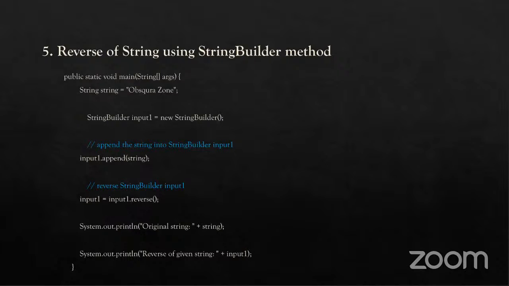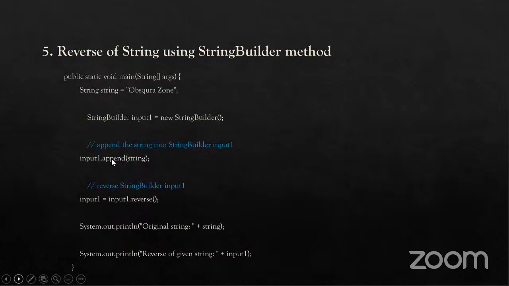So we need to pass the string to a StringBuilder. Here I am creating a StringBuilder object, StringBuilder input1 equal to new StringBuilder, and next I am appending that string object to this StringBuilder object.